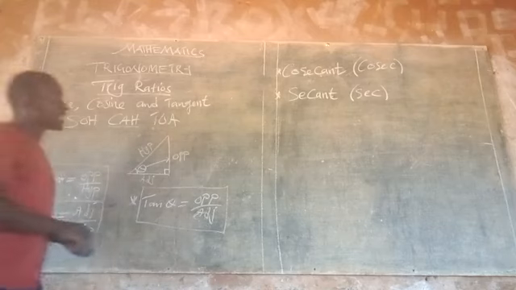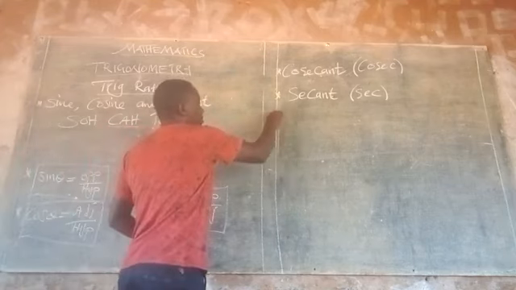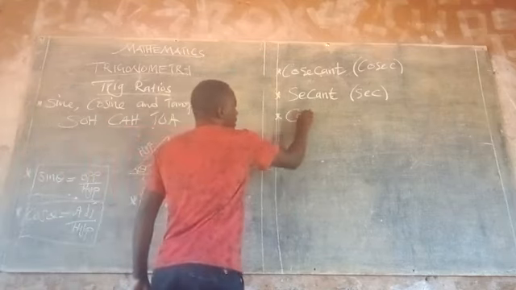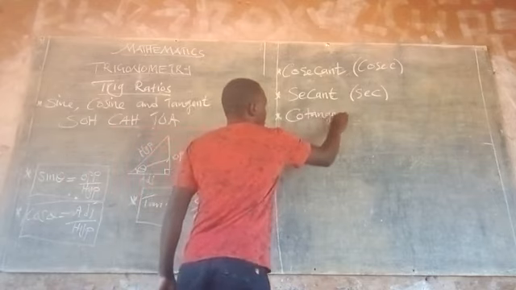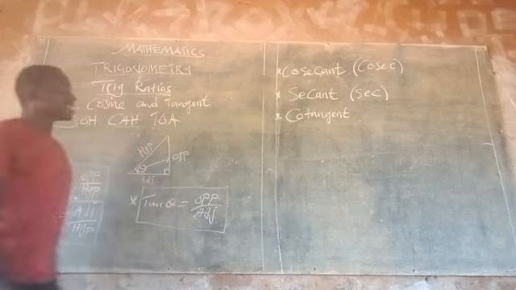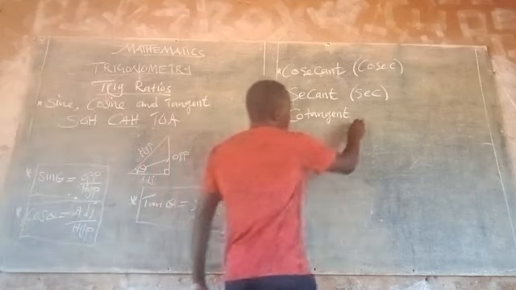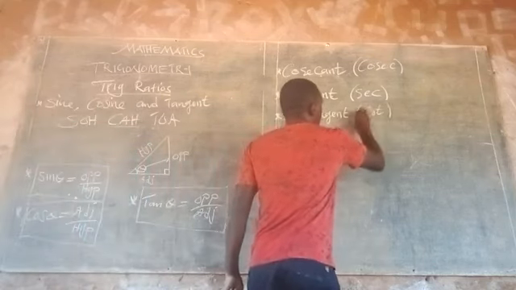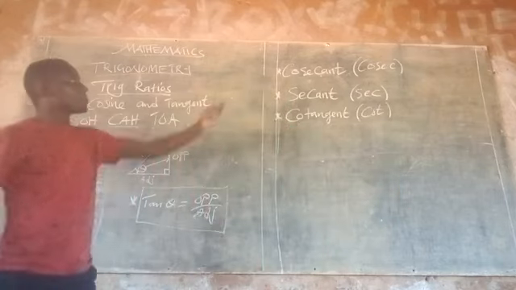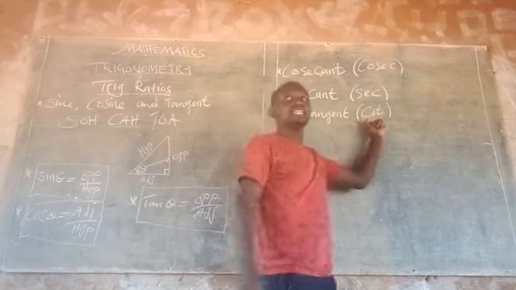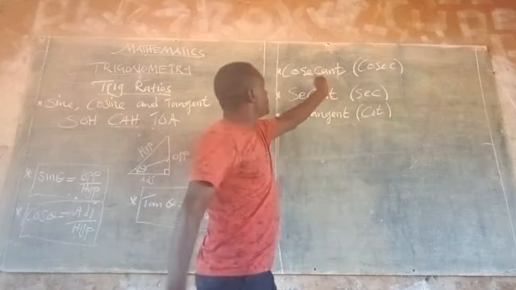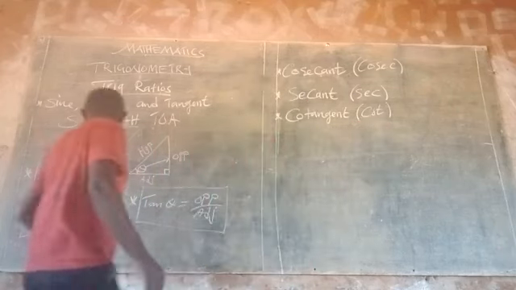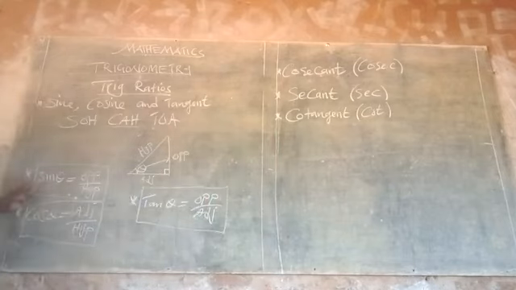We also have what we call the cotangent. This one can be called the cot. So we have cosec, sec, and cot. Cosec goes with the sine.